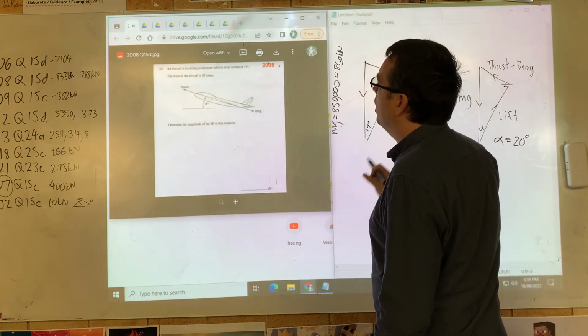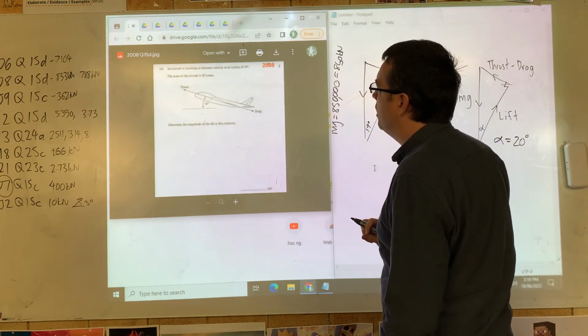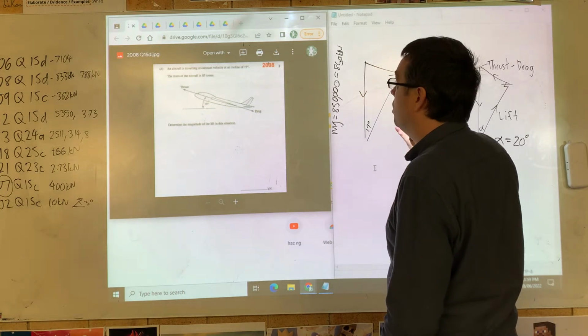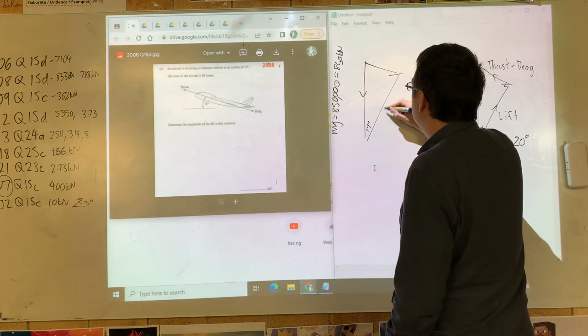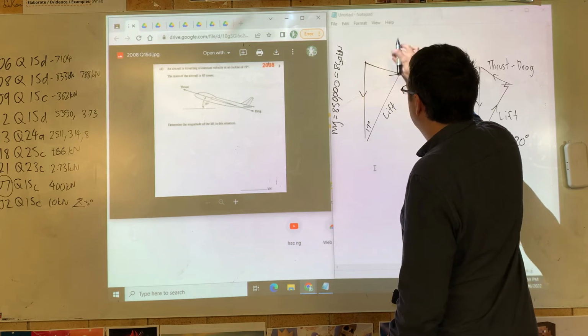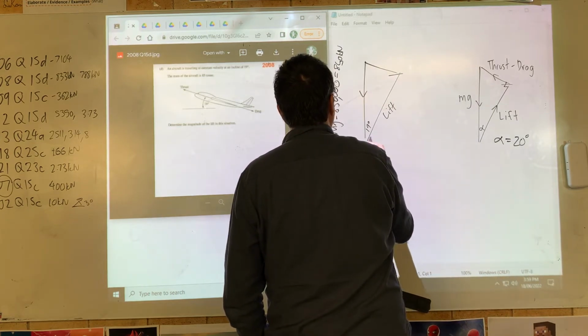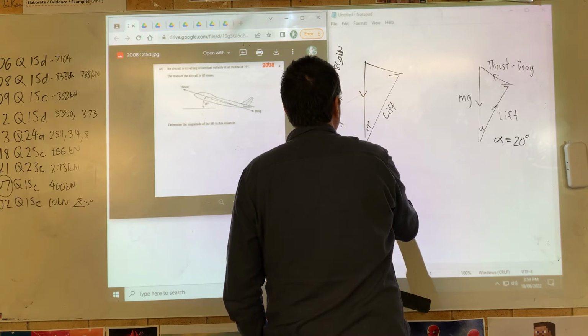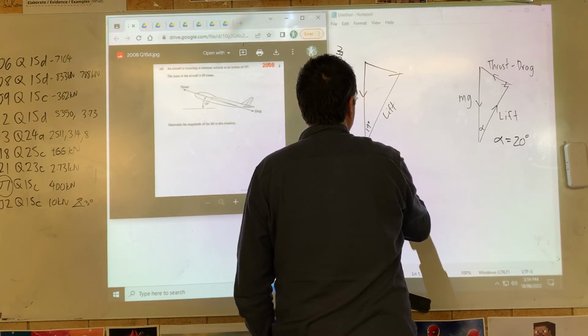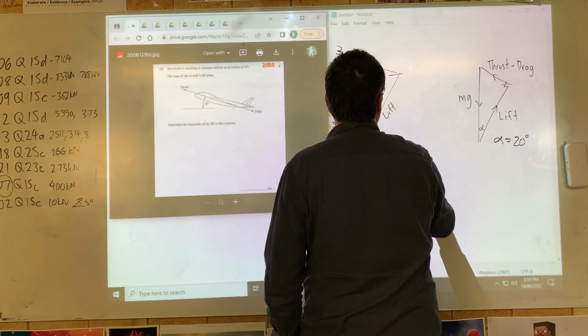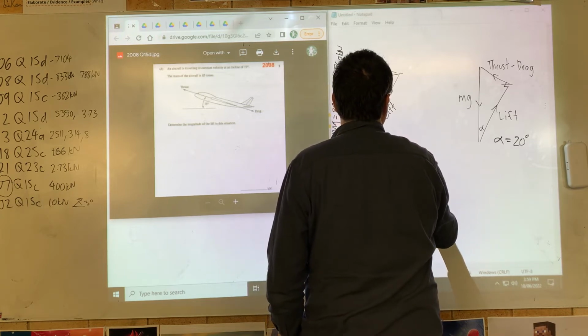And now they've told us the information. Determine the lift in this situation. Okay, well that's pretty easy. This is 2 marks, they've given us 3 minutes. This is lift. So in this case, lift is going to be cos, right? I said I wasn't going to do any more trigonometry, but cos theta equals adjacent over hypotenuse.